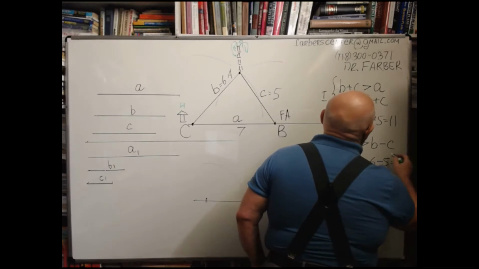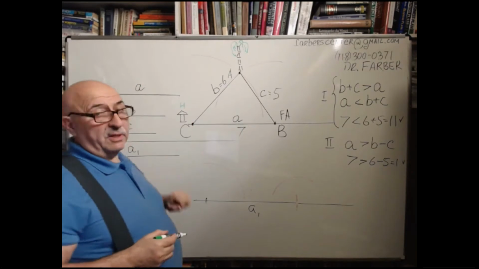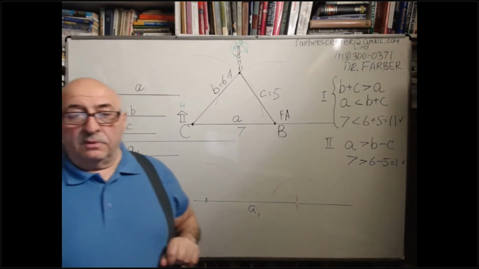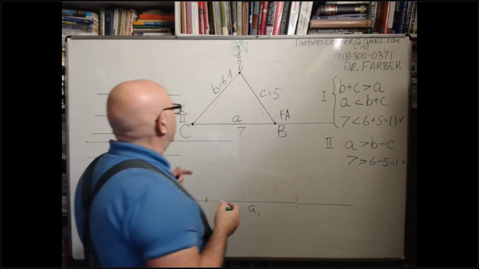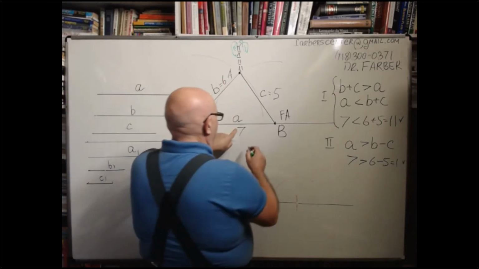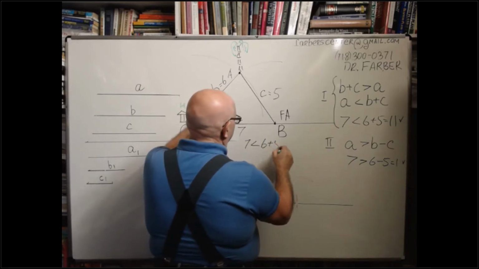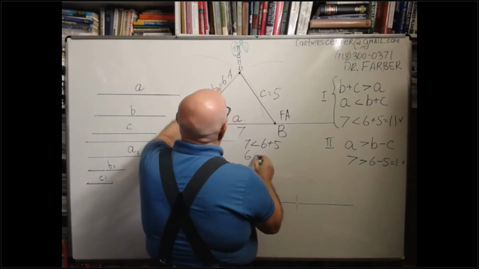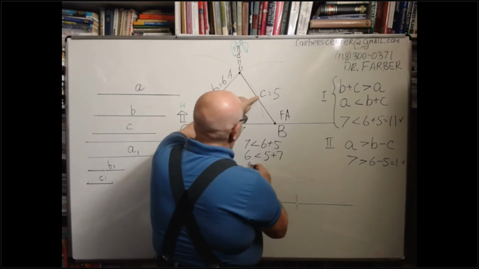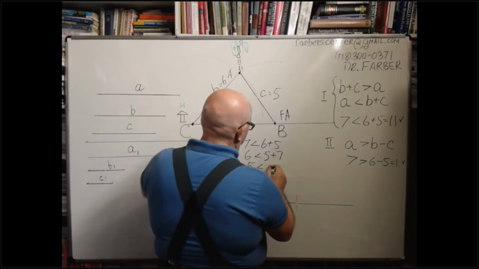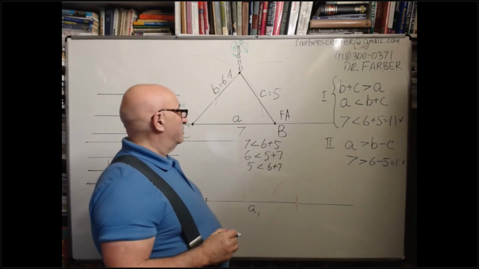Yes, good. And actually, you have to check each of the sides, not one. Generally speaking, you have to check all relationships. Let me write again. 7 is less than 6 plus 5. 6 is less than 5 plus 7. 5 is less than 6 plus 7. In order for a triangle to exist, all of them are supposed to be true.